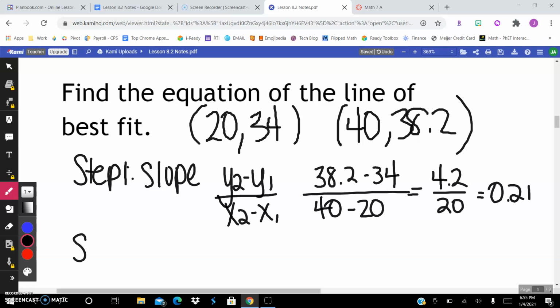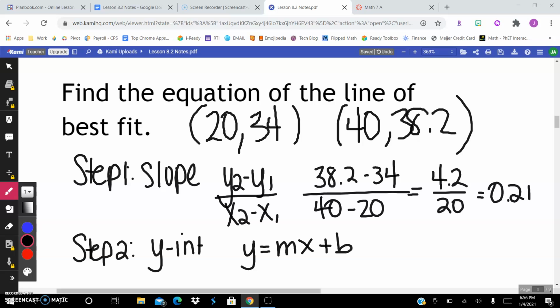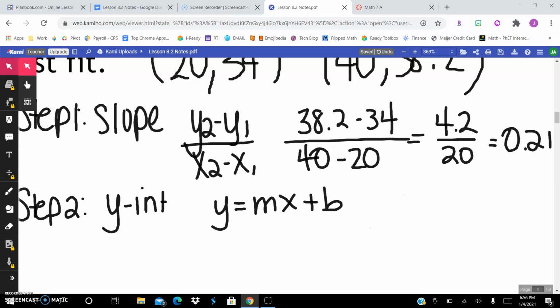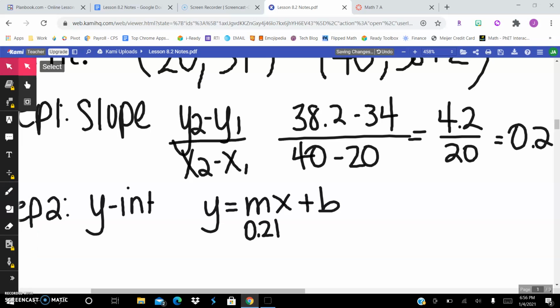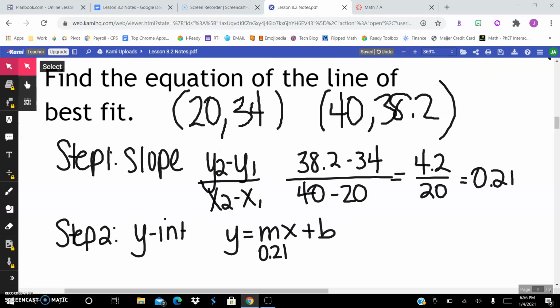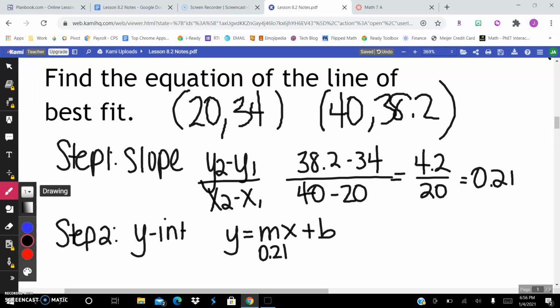Then for step 2, we have to find the y-intercept. And we do that by plugging in what we know in the linear equation model, y equals mx plus b. So we just found the slope, and that was 0.21. So that's our m value. And we have two ordered pairs up here that we just used that we know are on the line. I'm going to pick the 20, 34 because they're both whole numbers.